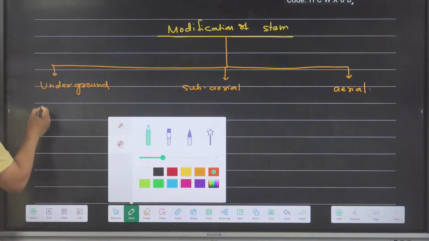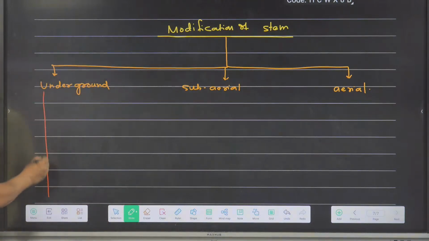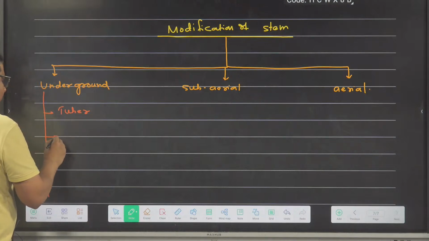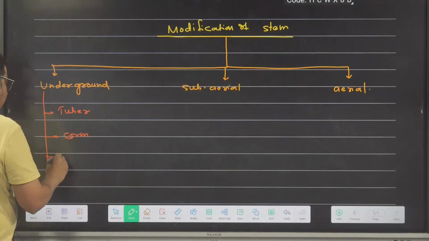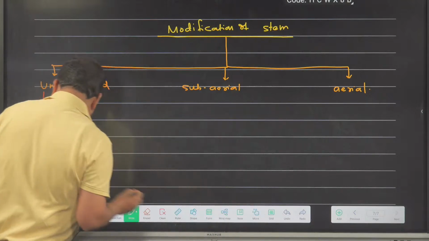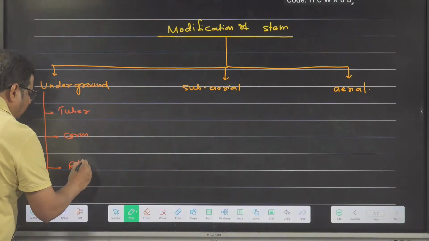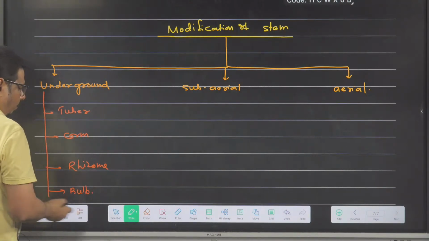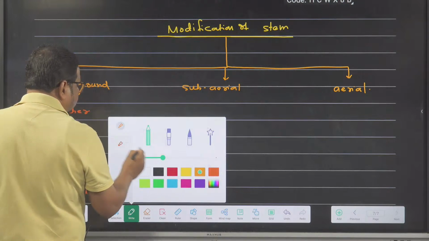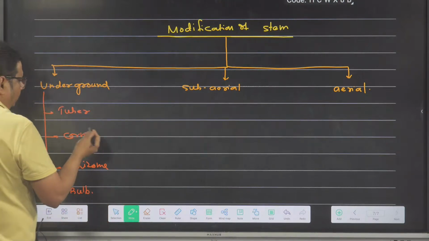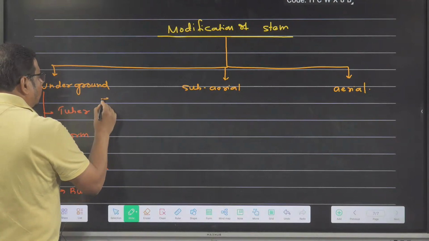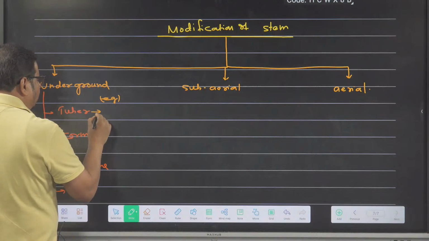Now I am telling about underground modification. Four types of underground modification are written in your textbook. One is tuber, another one is corm, third one is rhizome, and fourth one is bulb. For tuber, the example is potato.